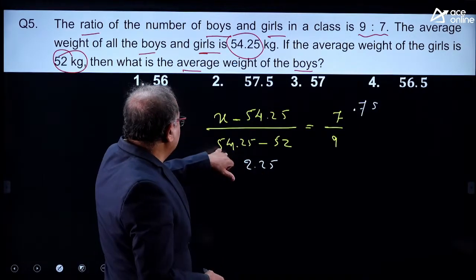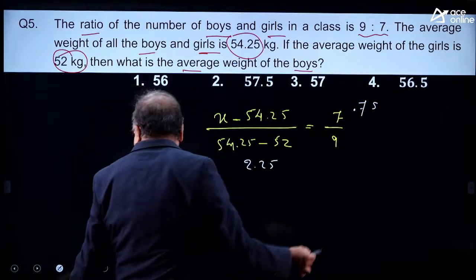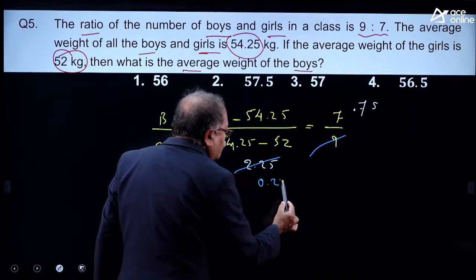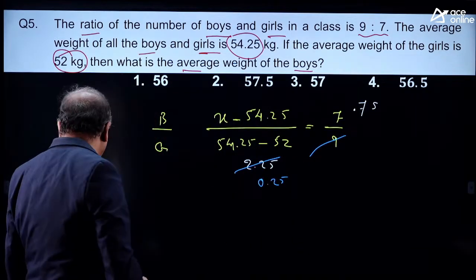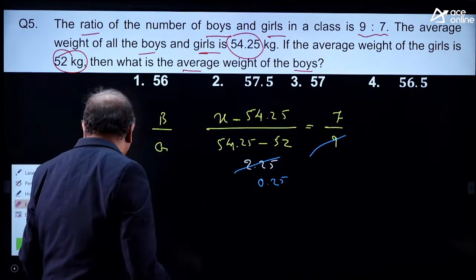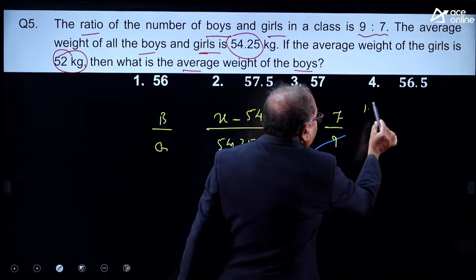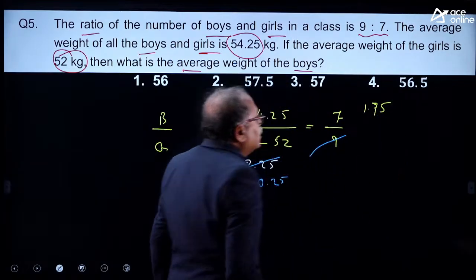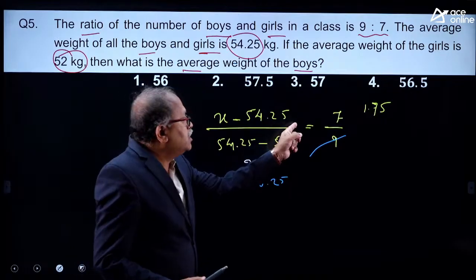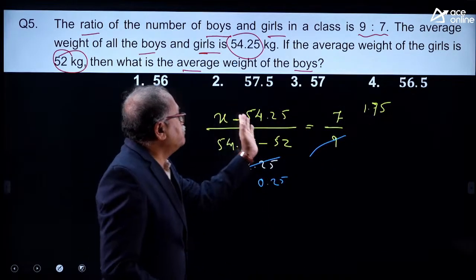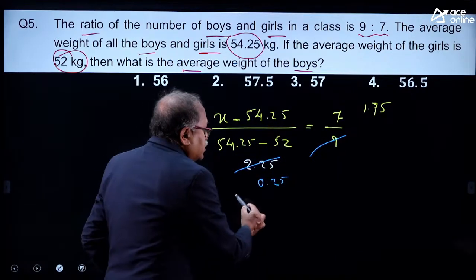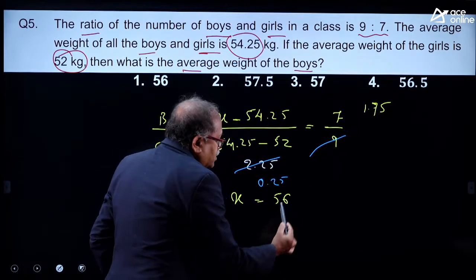This is 2.25. I will cancel this with 9, because I noticed that this is getting cancelled, 0.25 into 7, which is nothing but 1.75. Now, I got that x minus 54.25 is equal to 1.75. Take this other side, so 54.25 plus 1.75, that is 56. So, x is equal to 56.